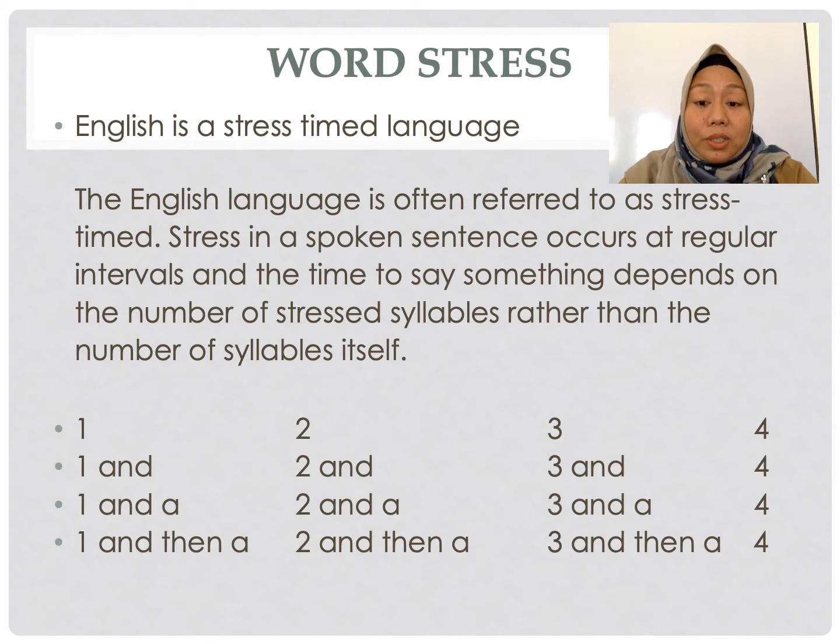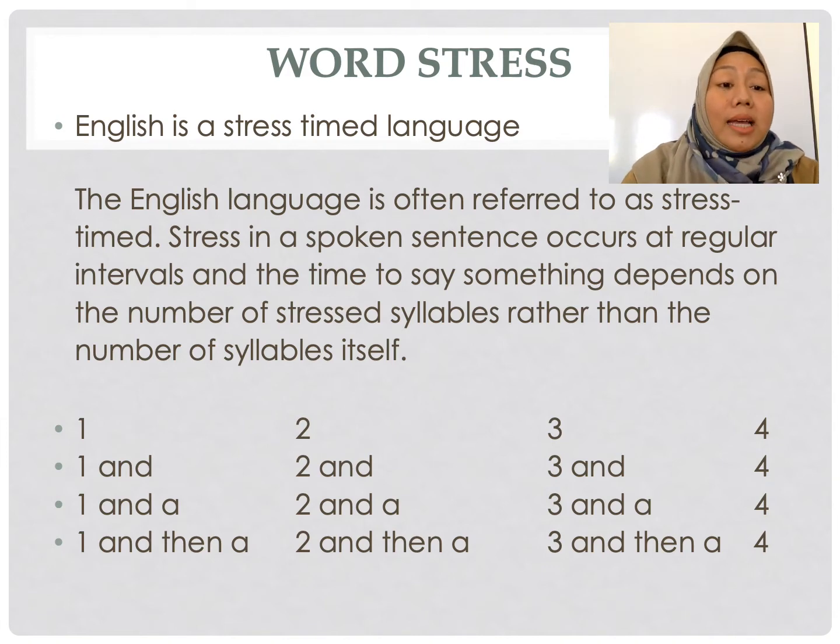In Bahasa Indonesia, we take roughly the same amount of time to pronounce each syllable. For example, I have a sentence, saya suka jalan-jalan. Every syllable in that sentence, I pronounce with the same amount of time, like saya suka jalan-jalan.